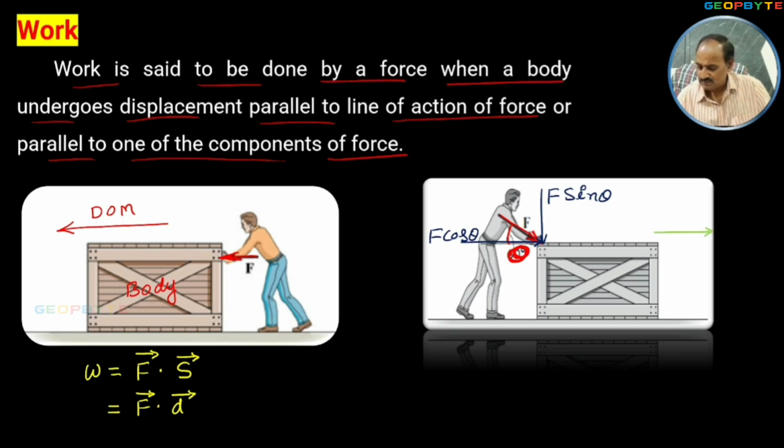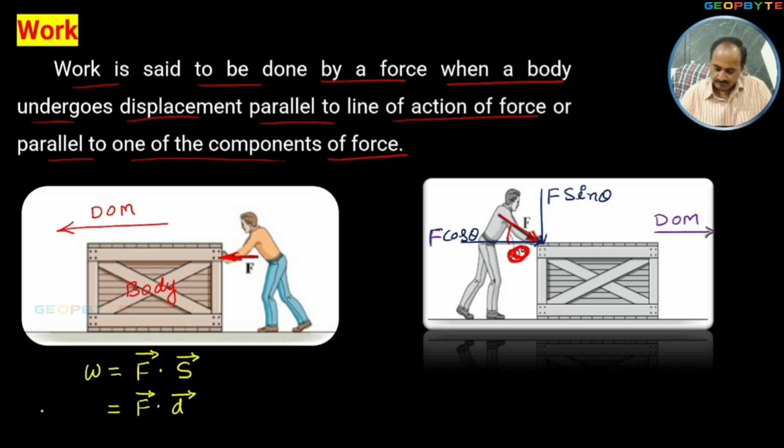This is the direction of motion of the body. Here F cos theta is causing the driving of the body in this direction.